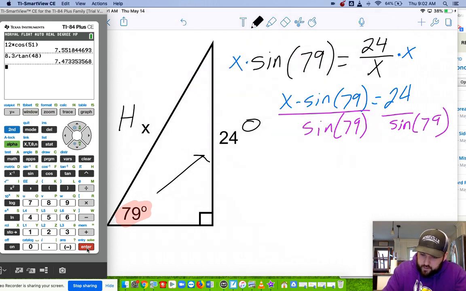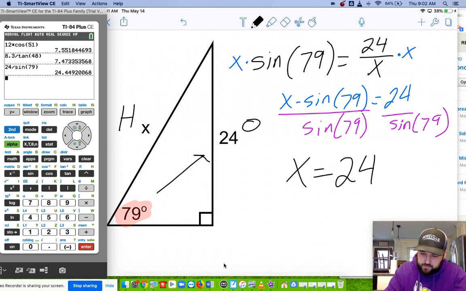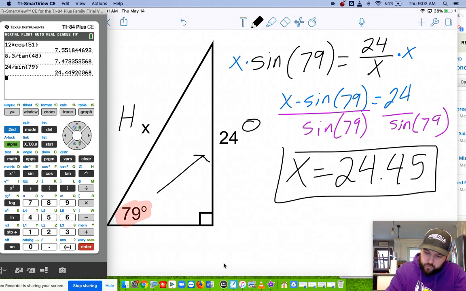Now in the calculator, I'm going to type 24 divided by sine of 79, and I will get the unknown length. It's 24 point, and if I'm rounding to the hundredths place, 0.449 would round to 0.45. So 24.45 is my missing side there.